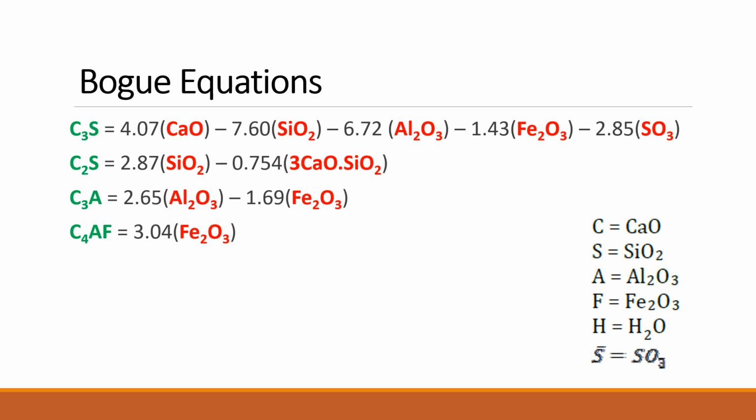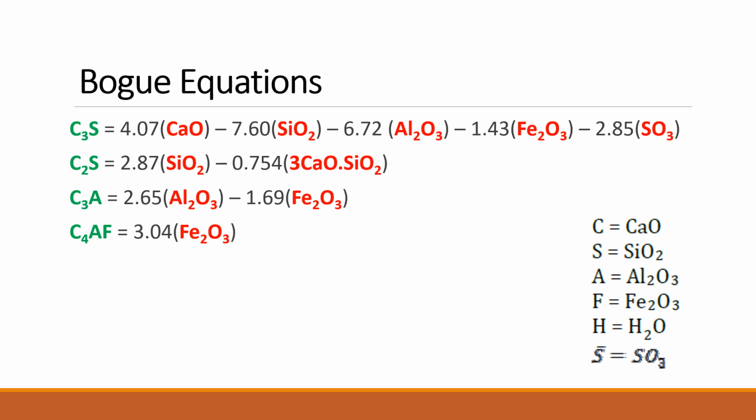Okay, now we should know how to find the amount of C3S, amount of C2S, C3A and C4AF in a cement. Because we discussed earlier, these four compounds are responsible for different things, isn't it?